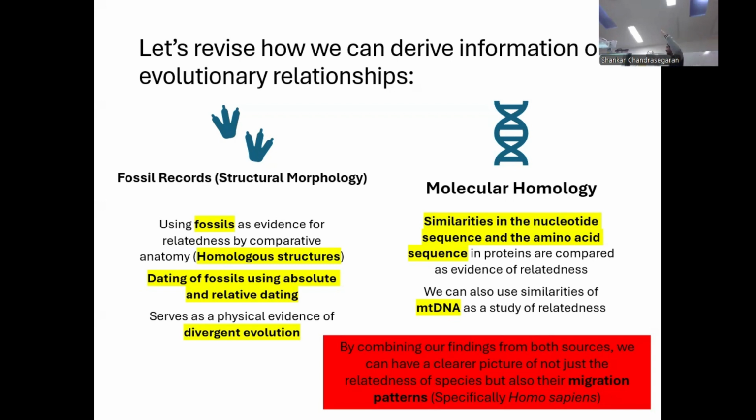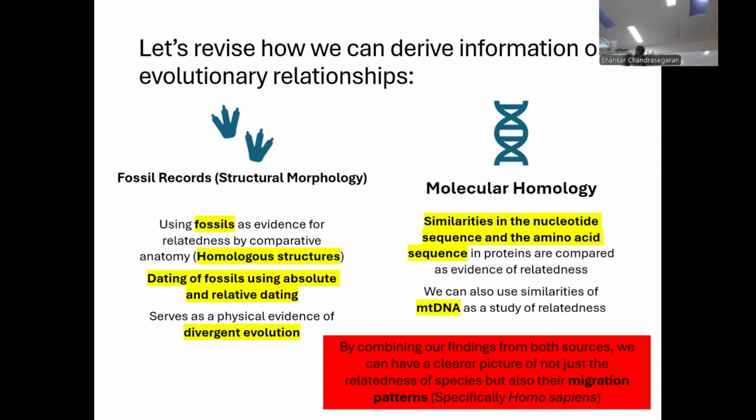So if species A and species B have a lot of homologous structures, that means we can say that at one point they would have diverged from each other to become two different species, but it would have happened very recently, versus very long ago if they had very few homologous structures. So it's basically a physical evidence of that kind of evolution.